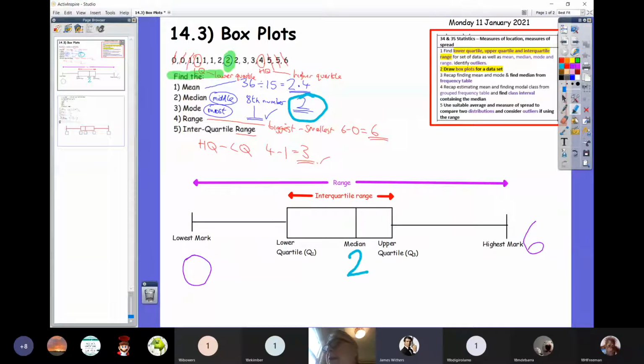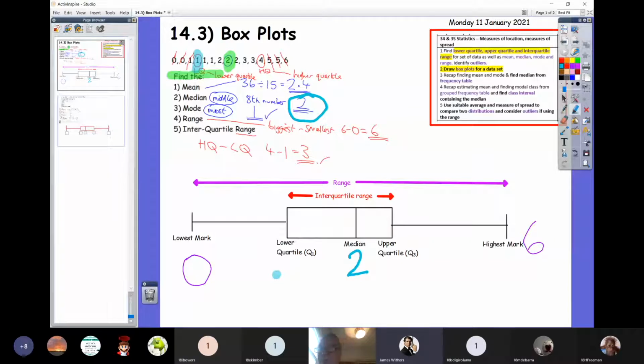We looked at the numbers to the left-hand side of the 2, and to work out the lower quartile, we took the middle of those numbers. So the middle of that 0, 0, 1, 1, 1, 1, 2 is that 1 that I'm just about to fluorescent pen in light blue. Okay, so our lower quartile is 1, so that ties in with the diagram. Our lower quartile would be at 1.